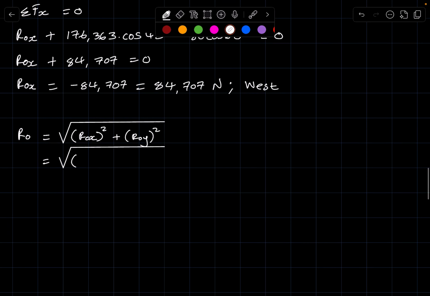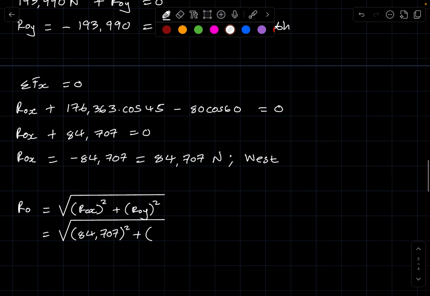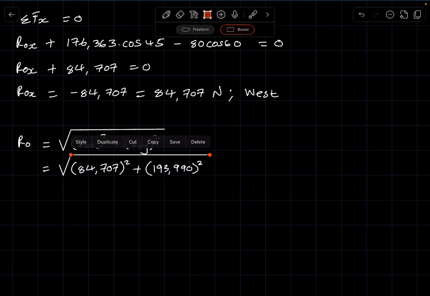RO in the X direction is 84,707 squared plus RO in the Y direction, which is 193,990 squared. All of this is under square root.